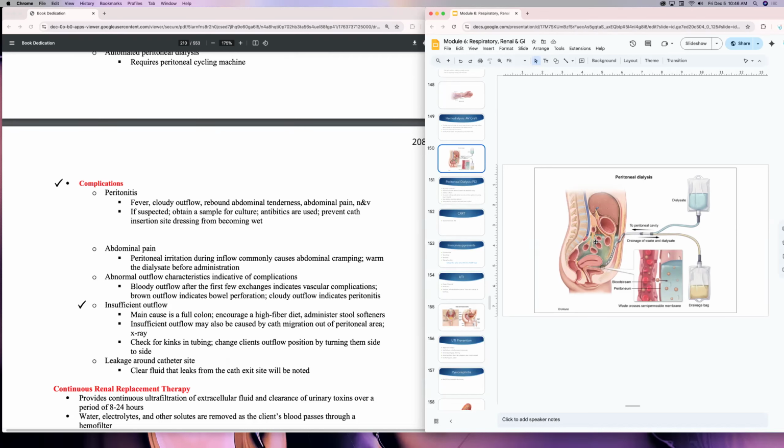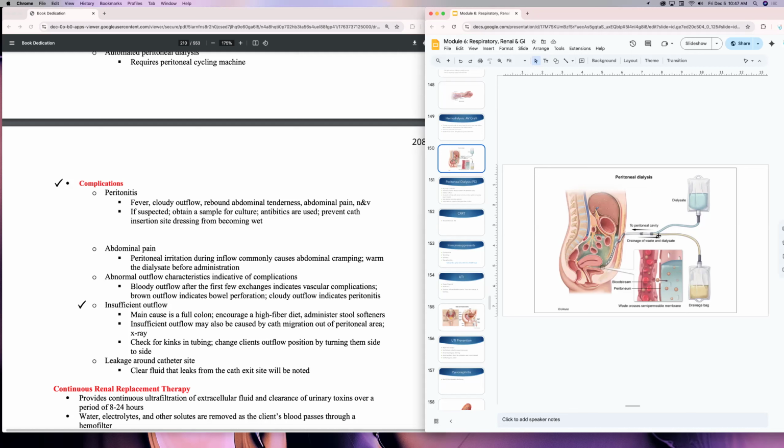So, because the abdomen has a very rich blood flow, there is a high risk that if bacteria were to enter the abdominal cavity, that same bacteria could easily jump out of the fluid and into the bloodstream, and then to the heart, and then to wherever it wants to cause a really bad infection. Okay, so we use sterile technique when we are spiking this bag for the dialysate. Okay, also we use sterile technique when we're cleaning the peritoneal catheter.